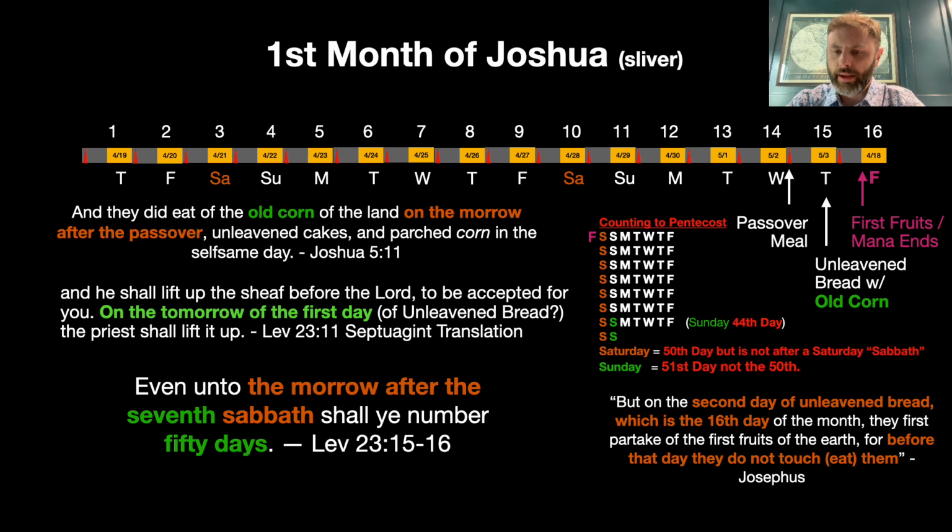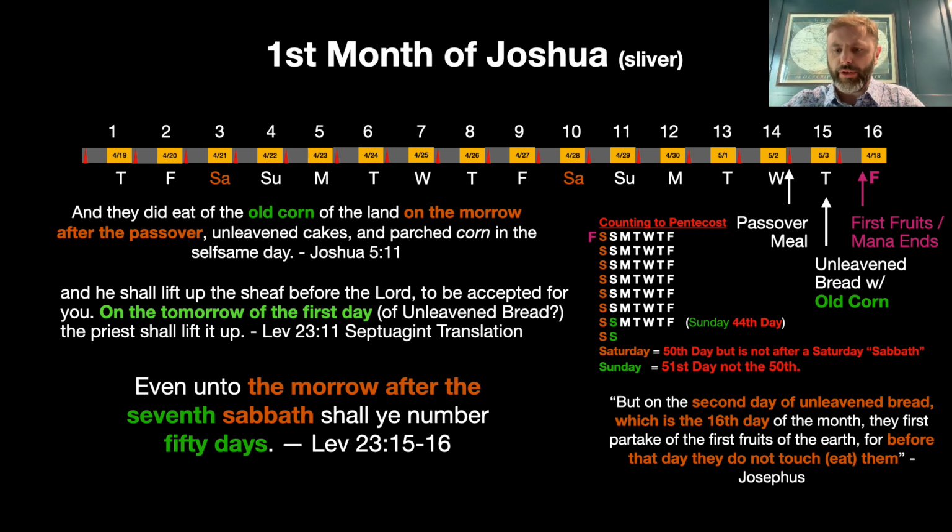That doesn't work. And if you complete that week, the next Saturday will be the 50th day, which would be a Sabbath, but you're supposed to go the day after that, which would be the 51st day and not the 50th day.